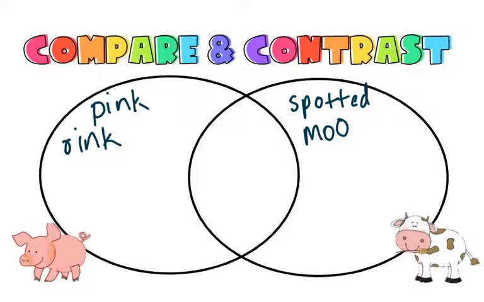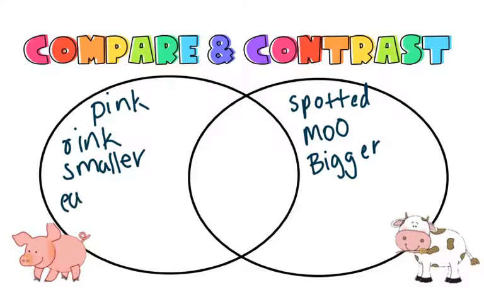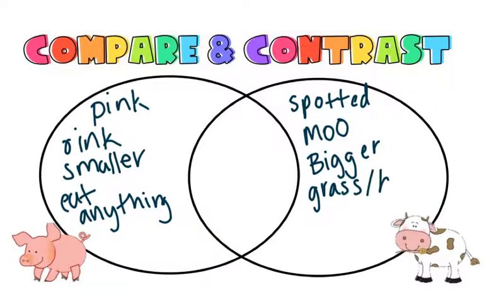The pig is a lot smaller, and the cow is bigger. A pig will eat almost anything, versus a cow eats grass or hay.